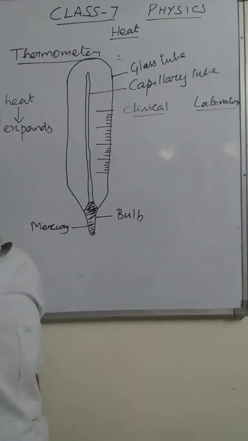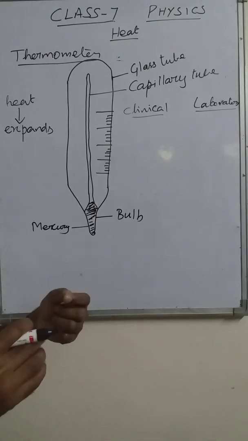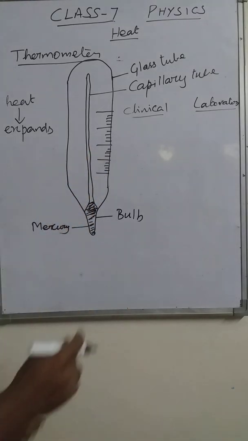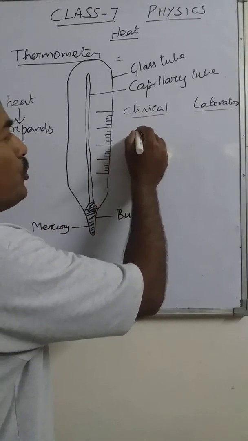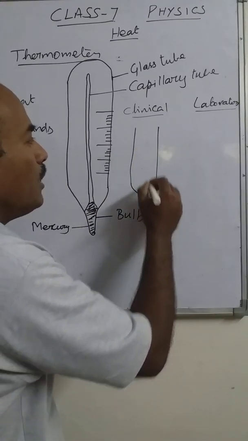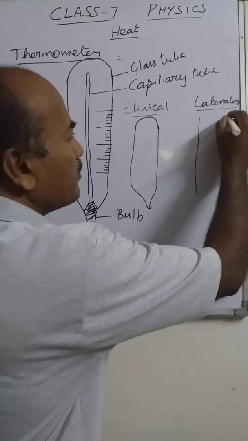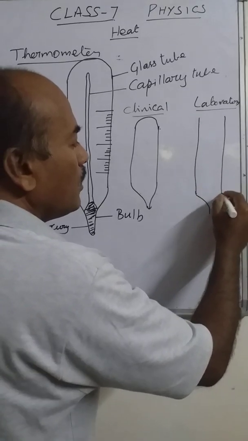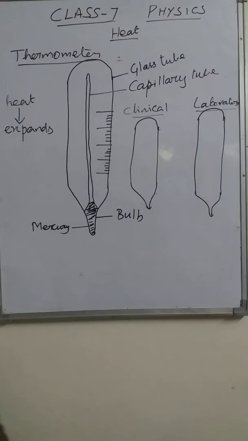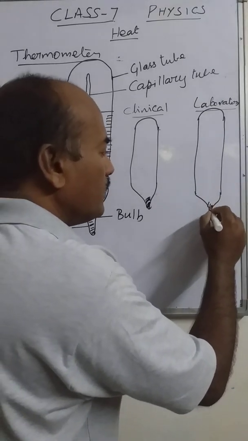Then how is it made? In the construction of these two thermometers, there are some differences. But in the general construction, both thermometers have the glass tube. Both have a bulb. Both have a capillary tube. Both are the same. Both have the glass tube filled with mercury, having a bulb filled with the mercury.